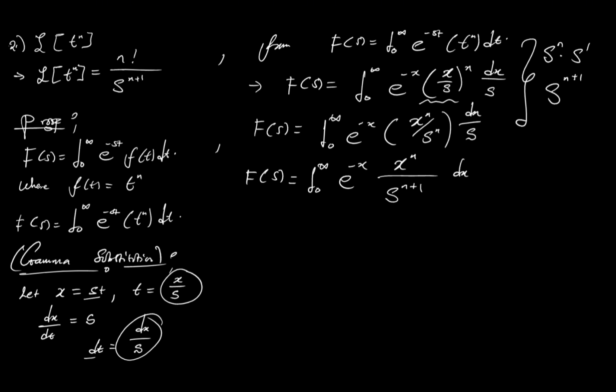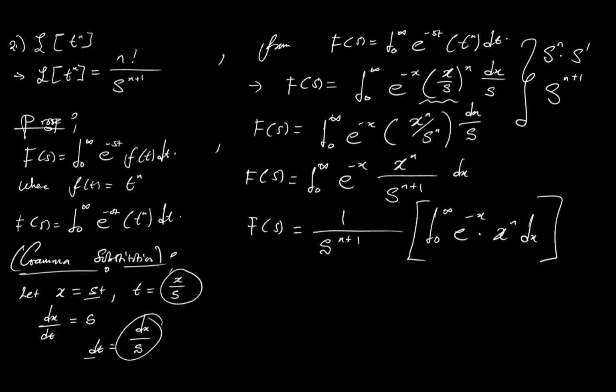Then the s domain, f of s, is now going to be 1 over s to the n plus 1, if we pull out this constant portion. And we remain with the integral from 0 to infinity of e to the minus x times x to the n dx.